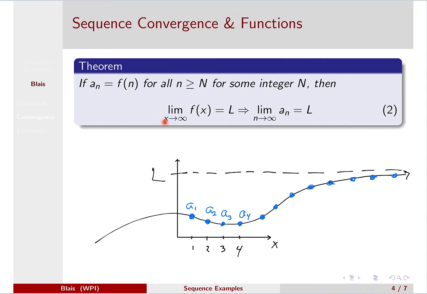By taking the limit as n goes to infinity, you're just following these footsteps along the road, but they have to lead to the same place. What makes this such an important result is that it allows us to use everything we learned for the limits of functions when we studied that in single variable calculus as tools.